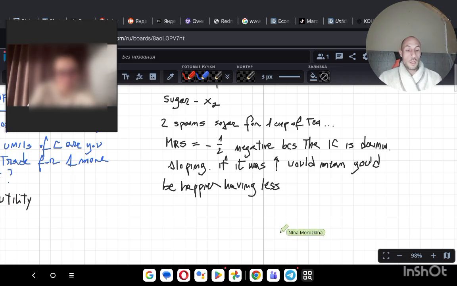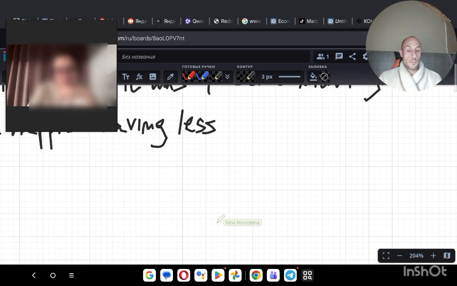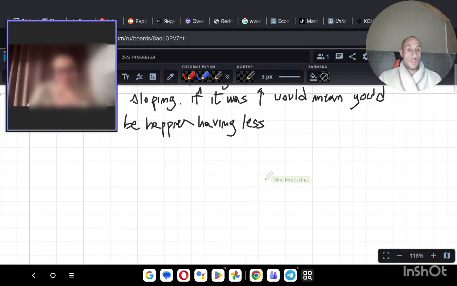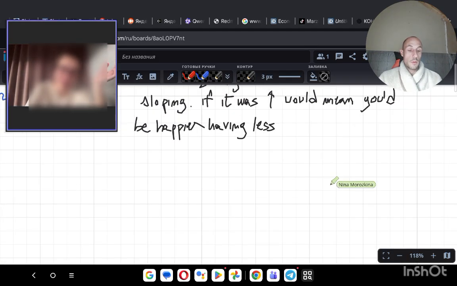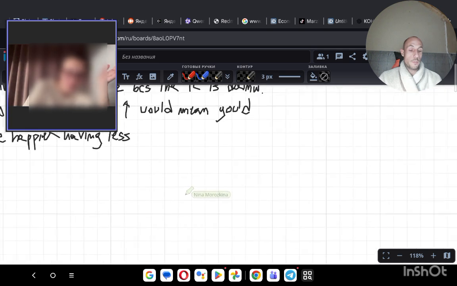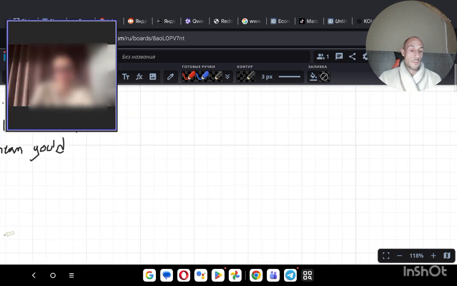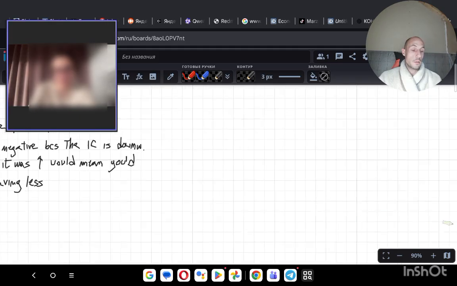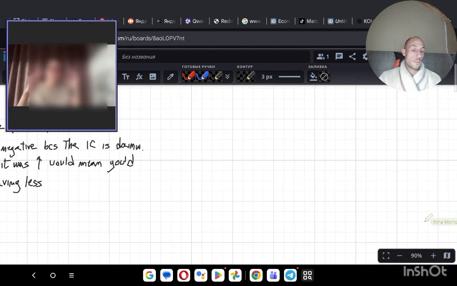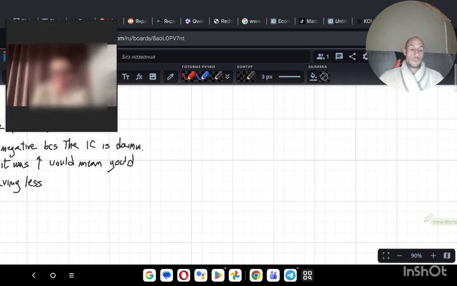The higher the utility, the more preferred the bundle is. So basically the more you want it, the more you prefer it. Yes, something like this.